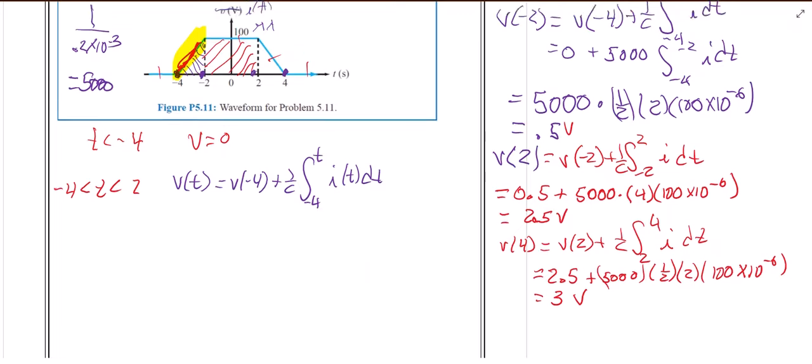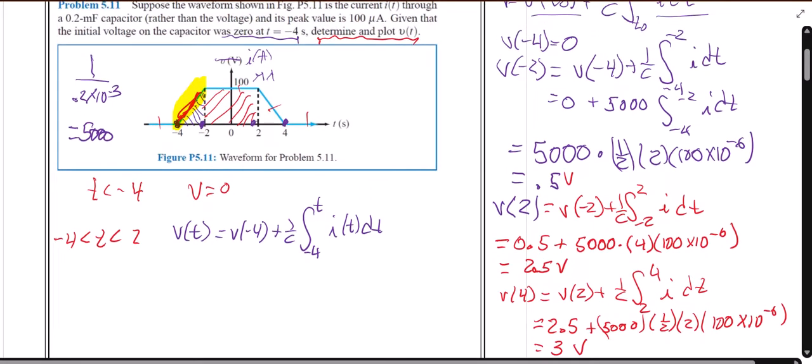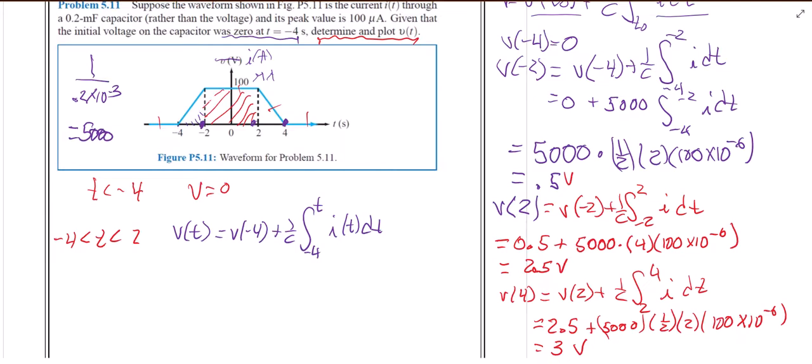Well, now I need to come up with a function for I. So let's take a look at I, and let's get a function for it. Notice it's just a straight line. So to get an equation for a line, you just need 2 points. So I've got these 2 points. I have the point -4, 0, and I have the point -2 and 100 times 10 to the -6.